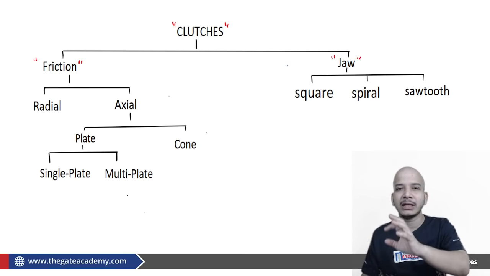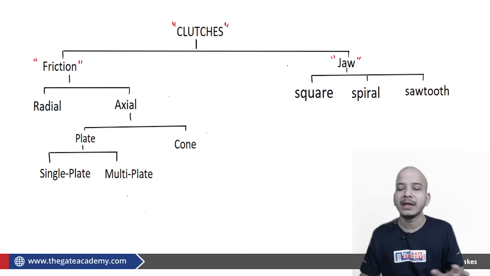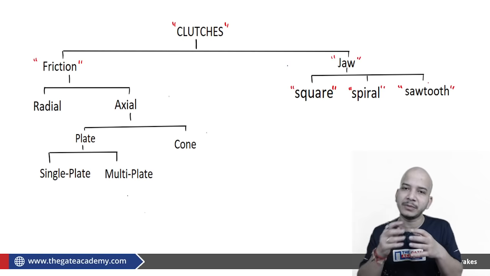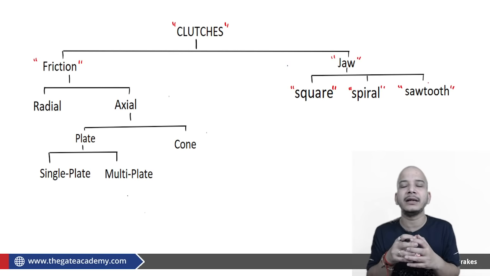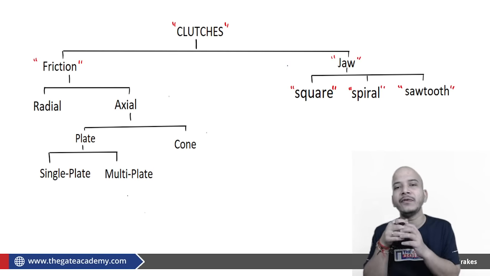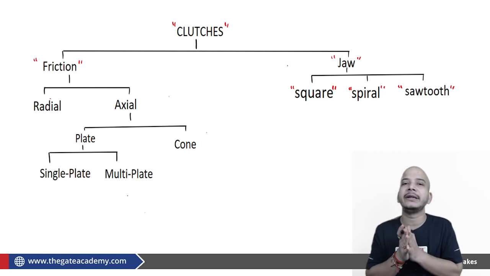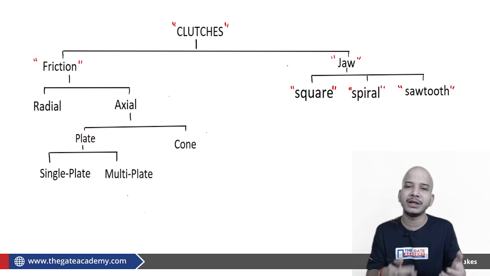But the point is, the jaw clutch is not in your syllabus, so you don't have to worry about that. In a jaw clutch there is square, spiral or sawtooth depending upon the type of projection. Basically the projection will be there and the interlocking will be there, and that is the main cause of power transmission. Okay, here in the friction clutch there is no interlocking, it is just surfaces in contact, one surface in motion with respect to the other surface, and from there you can straight away say what is the amount of torque that can be transmitted.